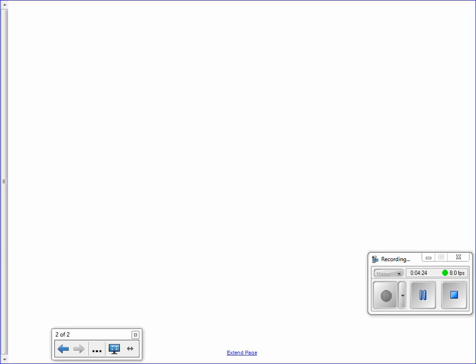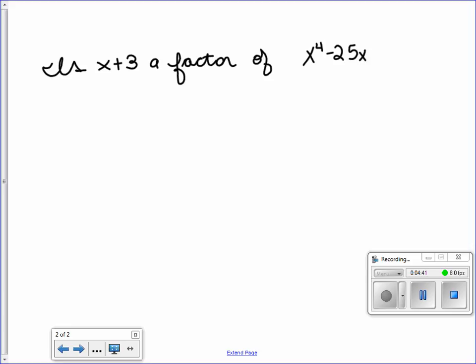Alright, so here's one for you. Is x plus 3 a factor of x to the 4th minus 25x squared plus 144?